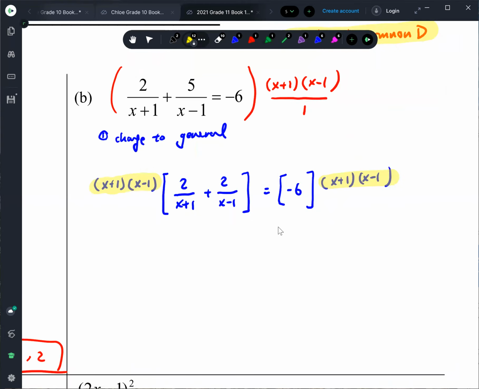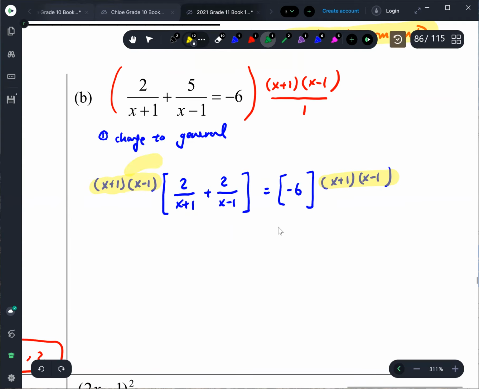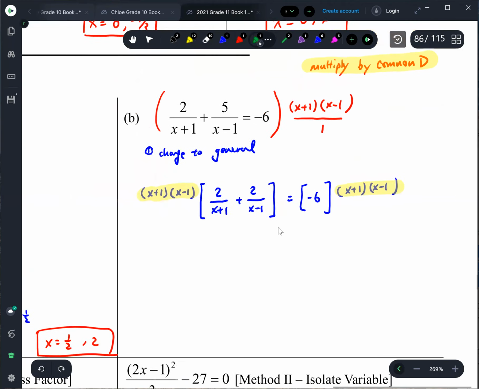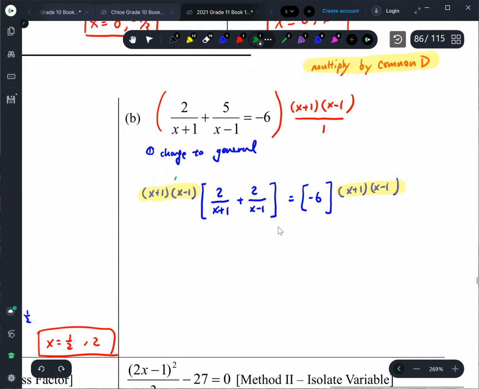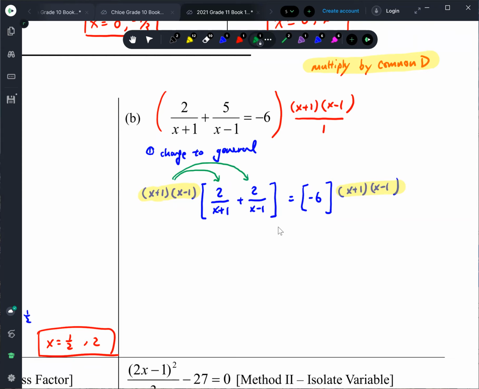Okay, so for the left-hand side, we are going to multiply each of the things inside with a common denominator. Okay, so that will go in and it will go in as well. One by one, okay?